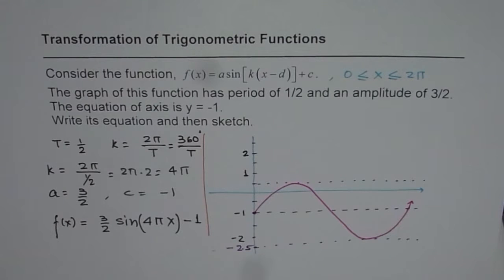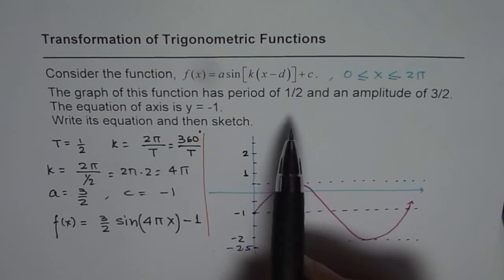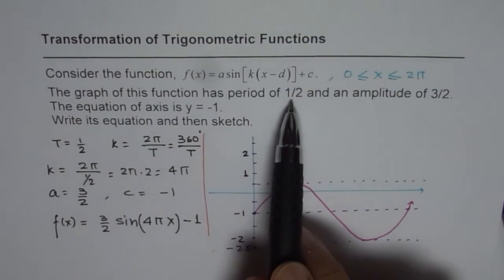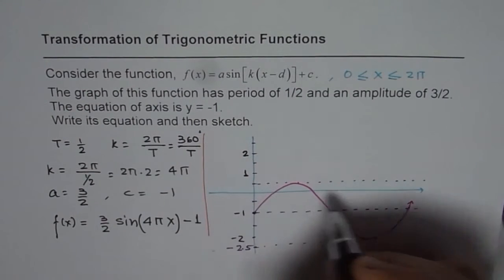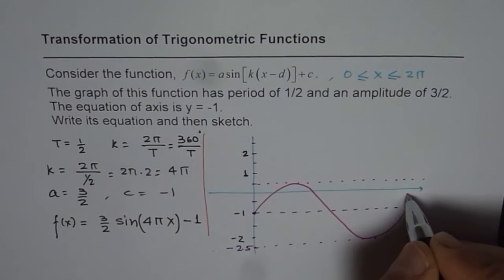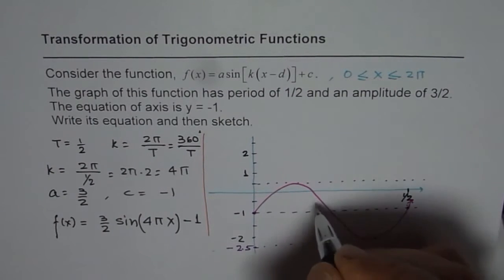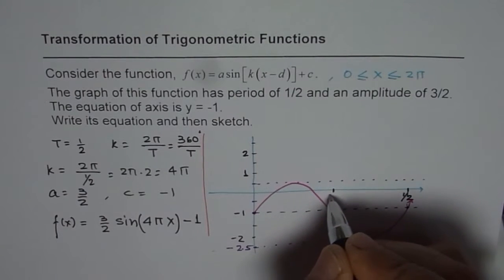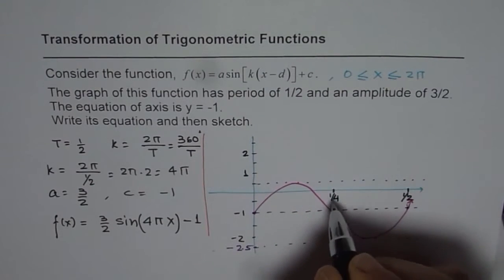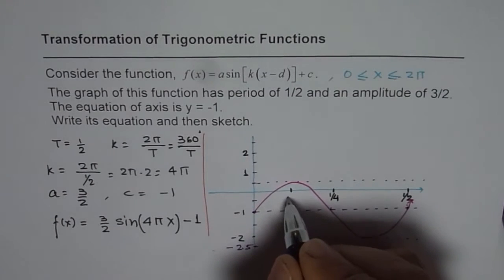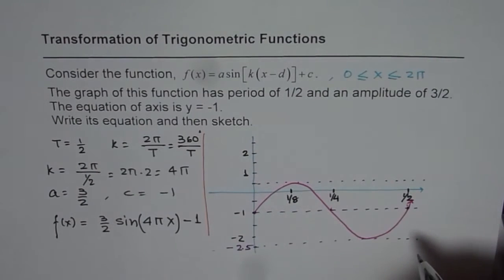Now we know that the period given to us is half. That means along the x-axis, this point should be at half, 1/2. Do you see that? 1/2. So half of this should be at 1/4, right? Half of that should be here, which is 1/8, right?